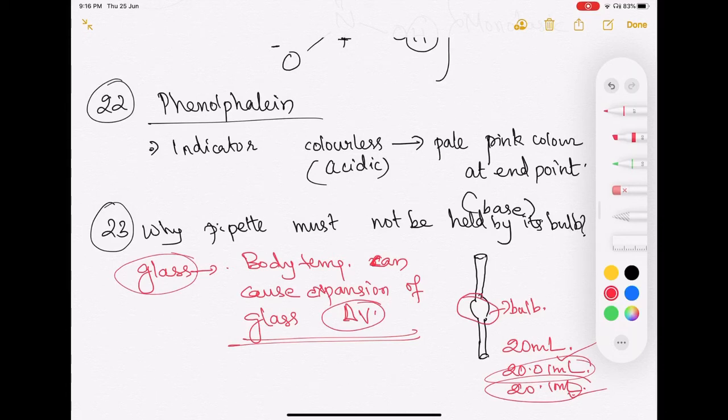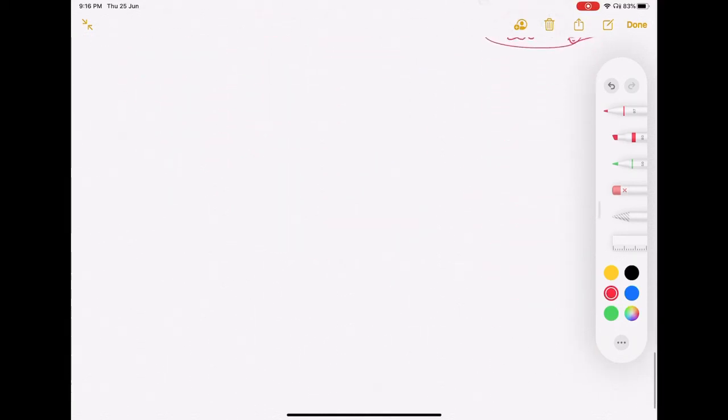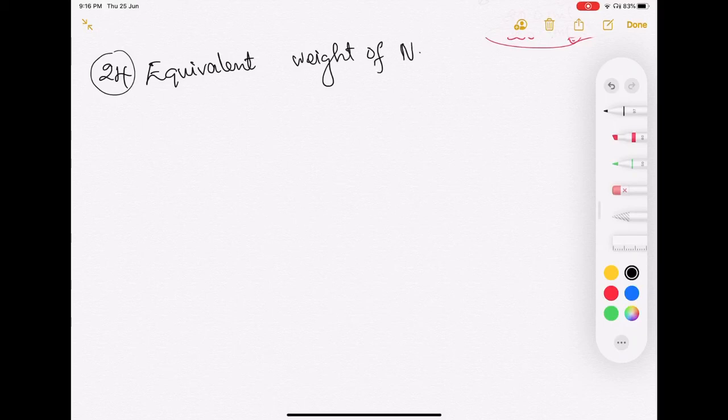Then let's see some other questions regarding it. What is the equivalent weight of sodium hydroxide? The next VIVA question, that is your 24th VIVA question, right? The 24th VIVA question is important. What is the equivalent weight of sodium hydroxide?